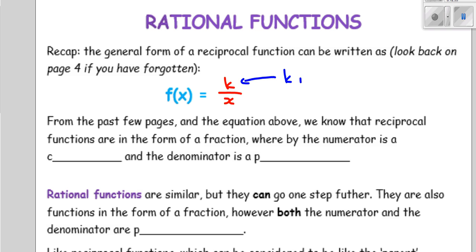Just a number. And the bottom x could be any kind of polynomial, like it could be x minus 1, x squared plus 3, x cubed, that kind of stuff.